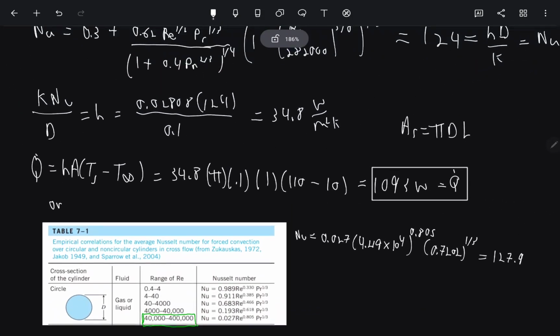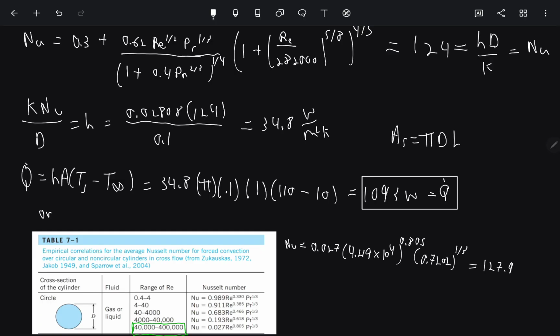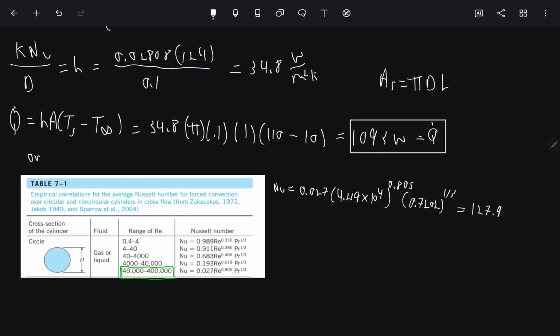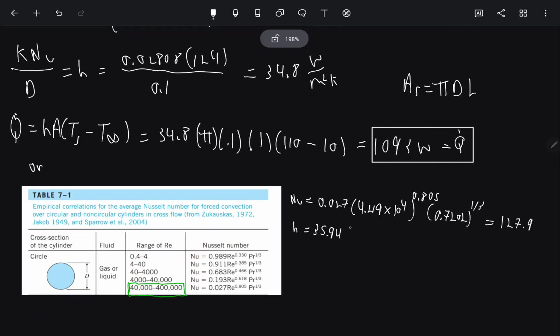Just for the sake of completeness, we can now calculate h using this Nusselt number instead. We get h is 35.94 watts per meter squared Kelvin. I don't know why I wrote it backwards, but they're multiplied, so it doesn't really matter.